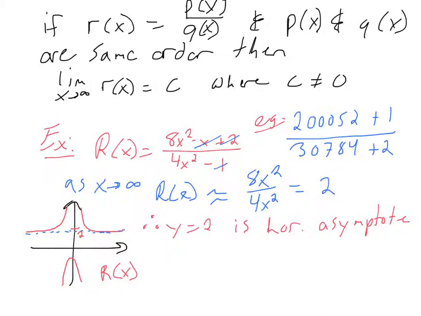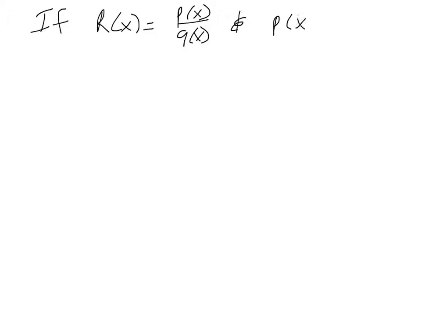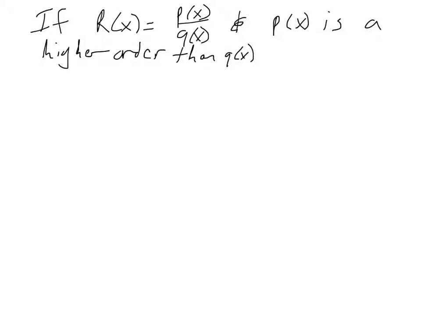Now, the next scenario, of course, if we have the function r of x just as before, and p of x is higher order than q of x, then what's going to happen if the top of the function is increasing faster than the bottom?